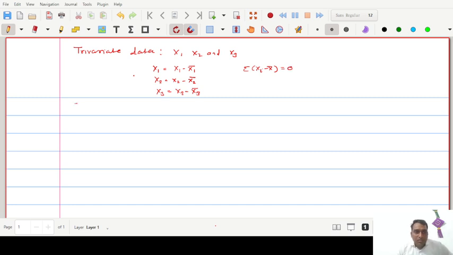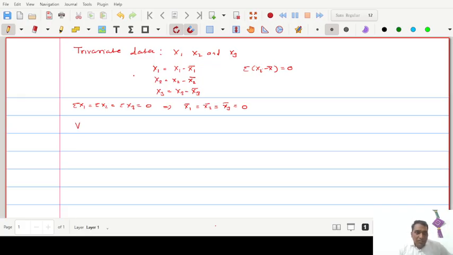So we get summation over x1 is equal to summation over x2 is equal to summation over x3 is equal to 0. This implies the value of x1 bar, x2 bar, x3 bar, all these terms are 0. For derivation we are using these terms.